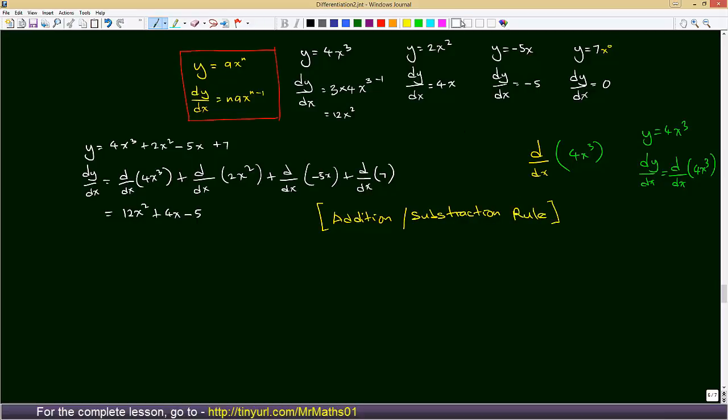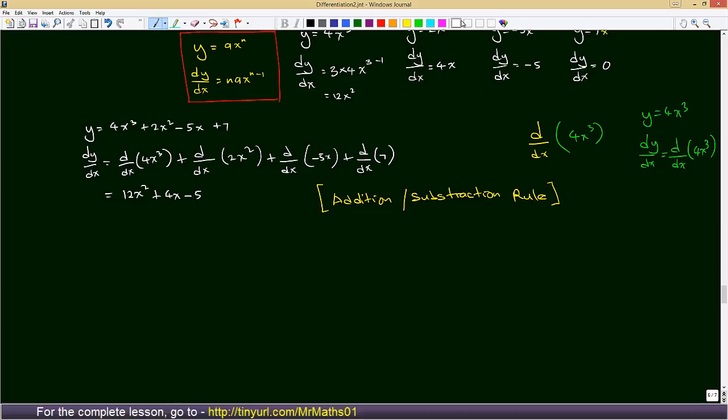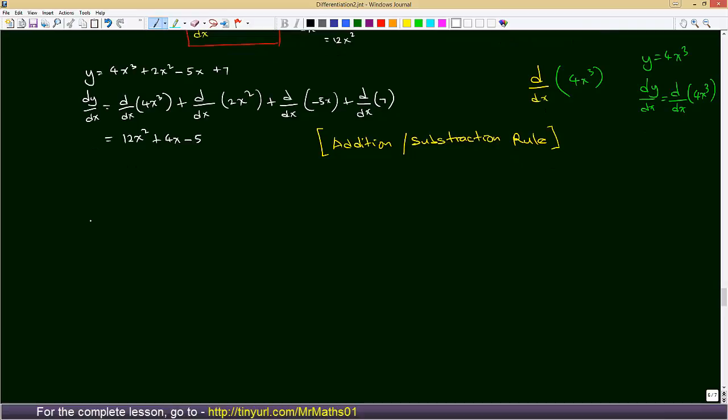Okay, so let's try to use that addition and subtraction rule in a slightly more complicated example. y equal to 2x squared minus x plus 1 over x. Okay, this is new, right?